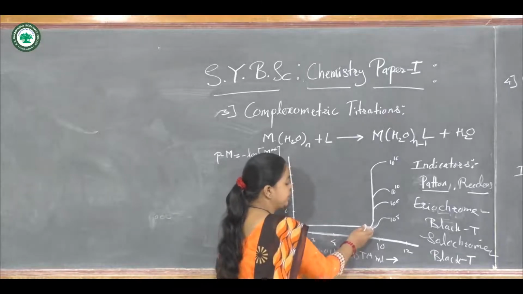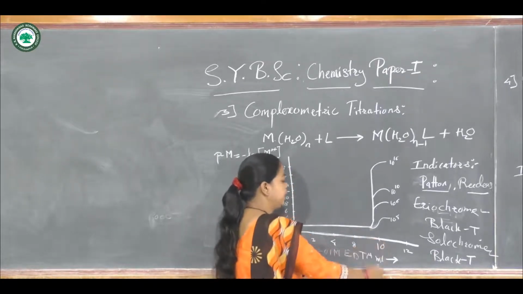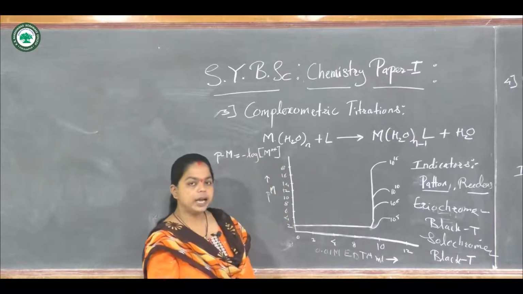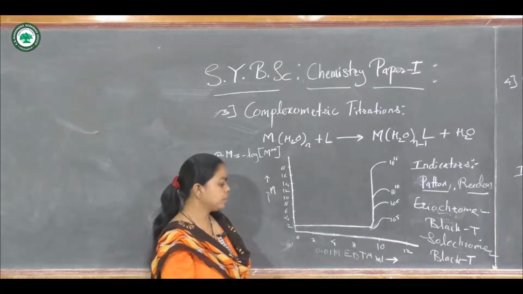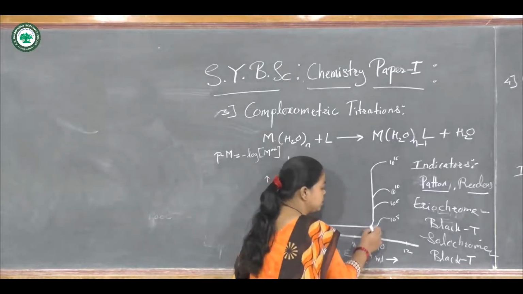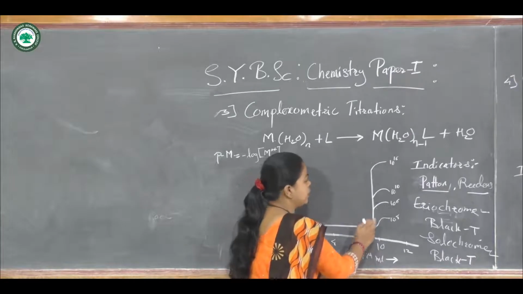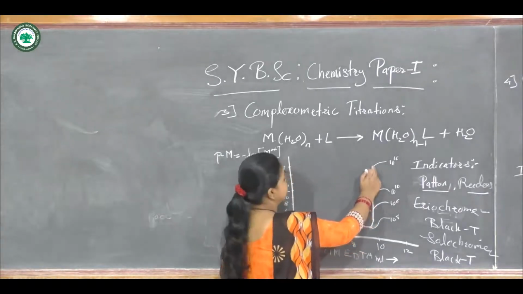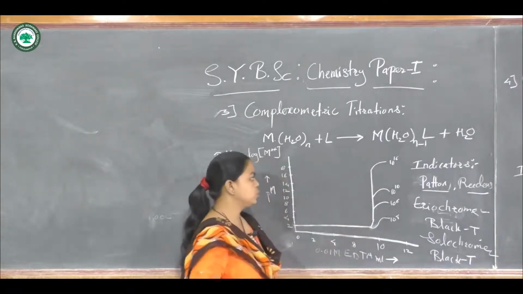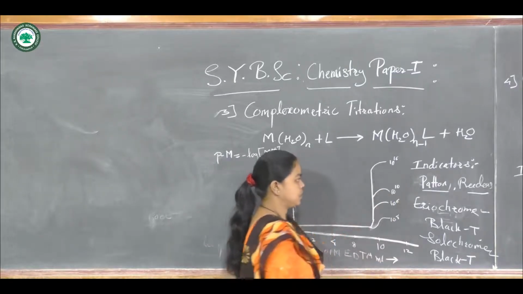When we are adding the solution up to nearly 9.6 to 10 ml, there is not much change in the metal ion concentration, and then a sudden change is observed, nearly 16 to 18, and we are getting this value 10 raised to 16.